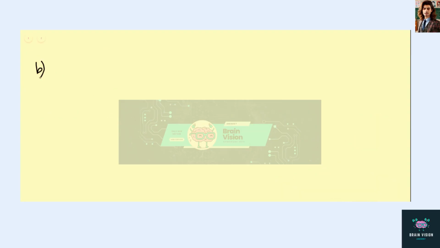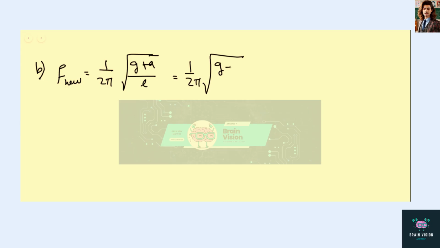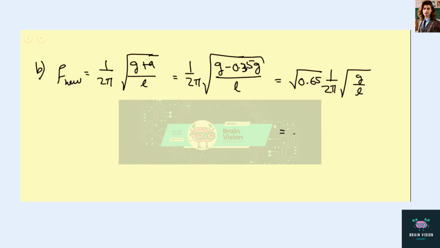Now for part B, the new frequency will be again 1 over 2 pi square root of (g plus a) over L, where now instead of plus we have a minus sign, so g minus 0.35 g, and then we divide that by L. So we can carry forward the same calculation as before, and we see that we have 0.65 times 1 over 2 pi square root of g over L, which is square root of 0.65 f, or 0.81 f.